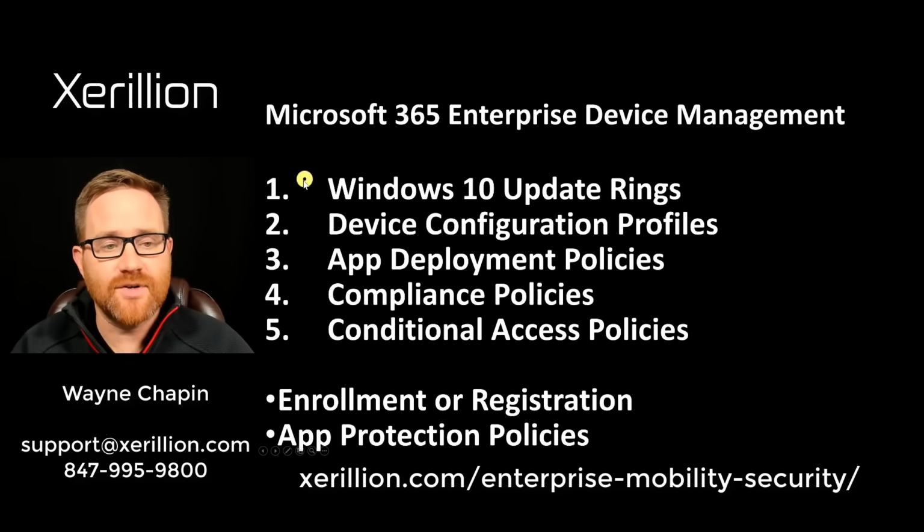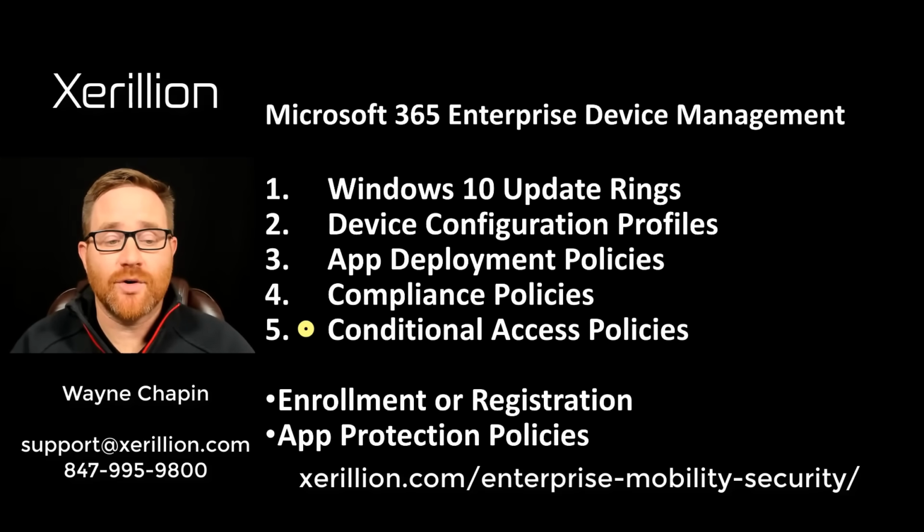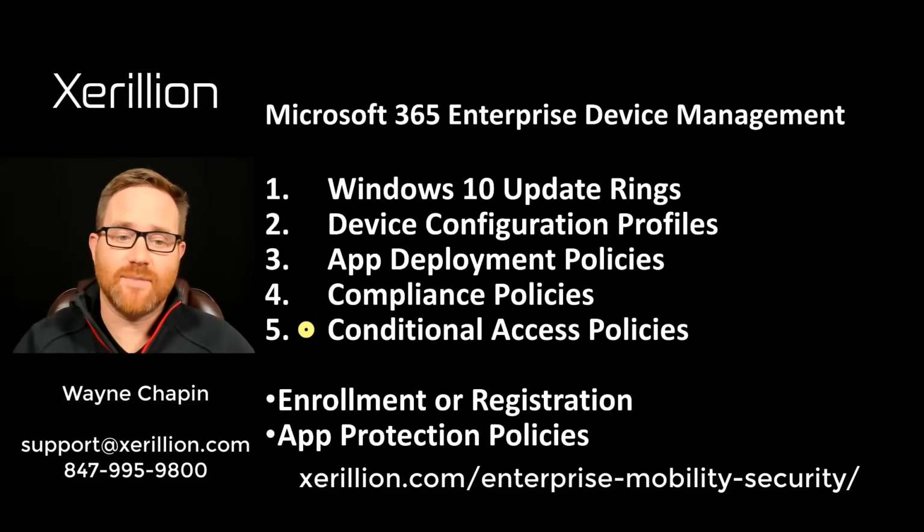We're going to use these first 3 items, the Windows 10 update ring, the device configuration profile, and the app deployment policies, to get to configuring a compliant computer. Then we're going to configure and build a compliance policy to evaluate if that computer is indeed compliant and secure, allowing it to access our system. And then we're going to enforce that compliance with the conditional access policy when that user tries to sign in from that device with a very special checkbox inside of Azure Active Directory Conditional Access Policy Manager.